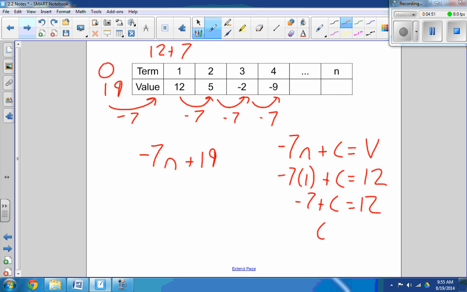So the unknown is 19, and I get the same equation. And we can double check to see if it works. Let's plug in 2. Negative 7 times 2 is negative 14, plus 19 is 5. It is working.